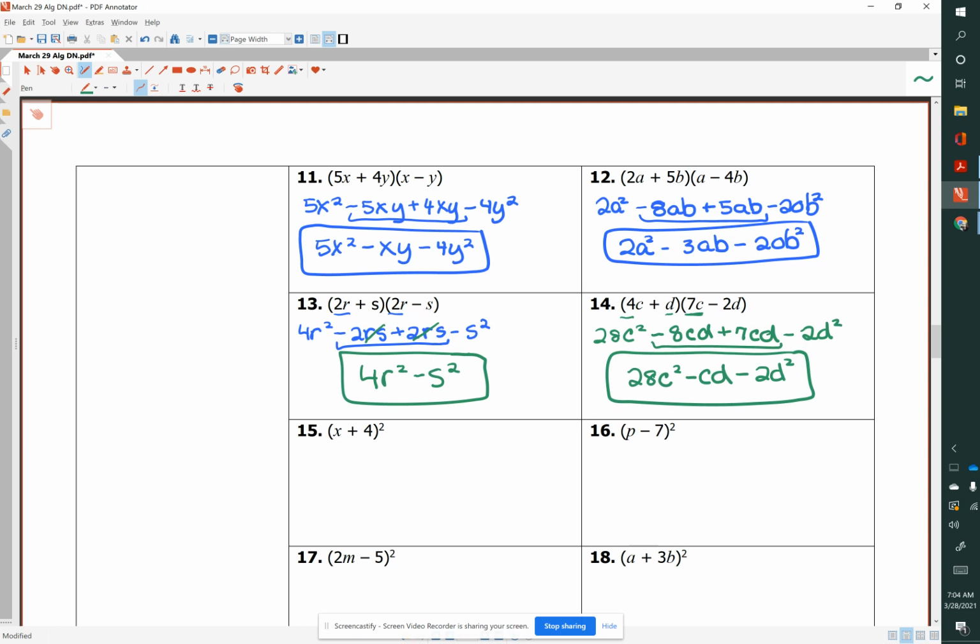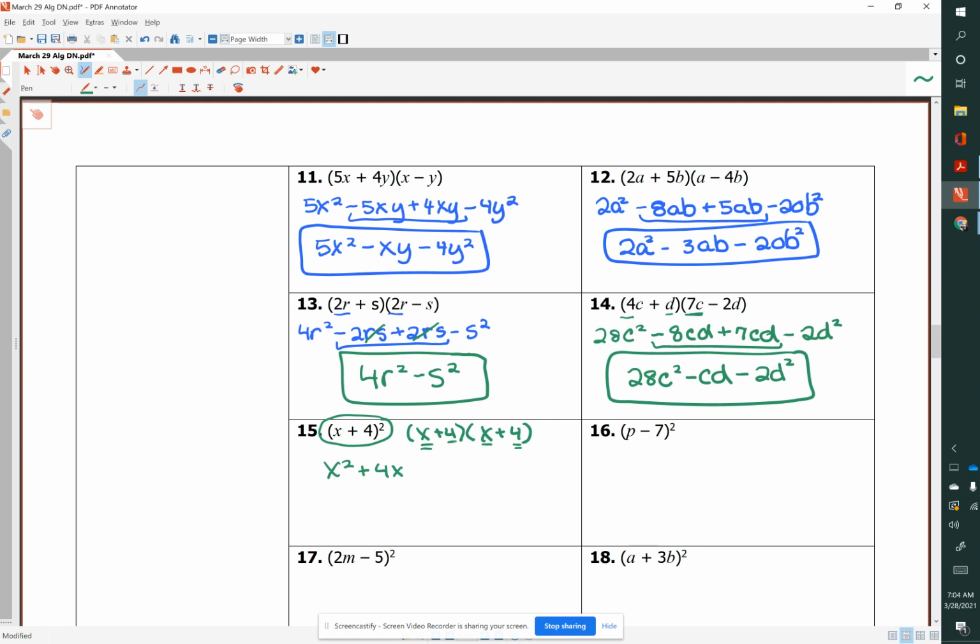Okay, number 15. Look what they've done. They have x plus 4 squared. So let's just write it out. x plus 4 times x plus 4. So then we do our first, outer, inner, last. So that would be x times x, x squared. x times 4, that's positive 4x.